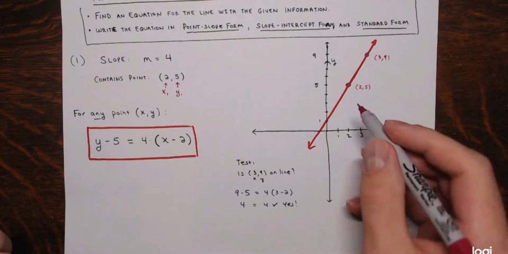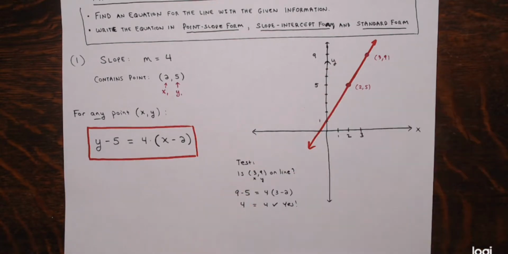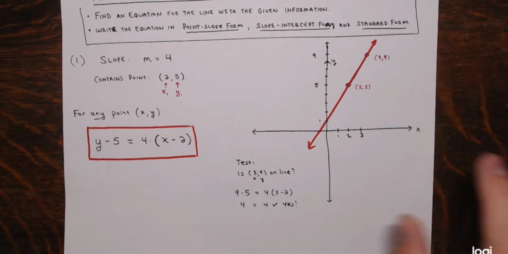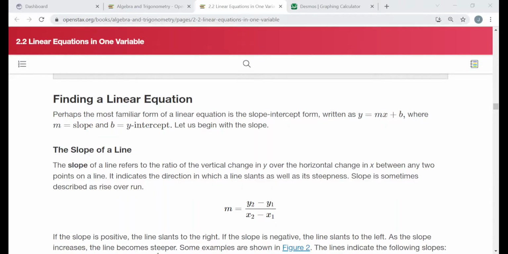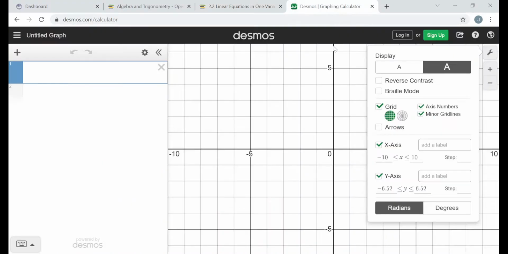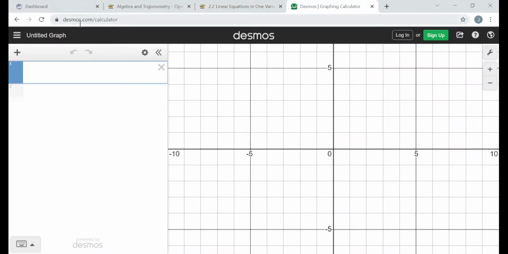So let me take it to a website with a better drawing. Or if you have graph paper, that would be a little better, more ideal. But here's a free online graphing calculator that I like using. It's at a website called desmos.com, D-E-S-M-O-S.